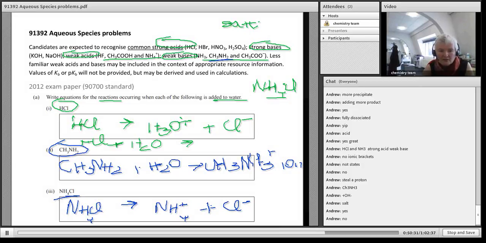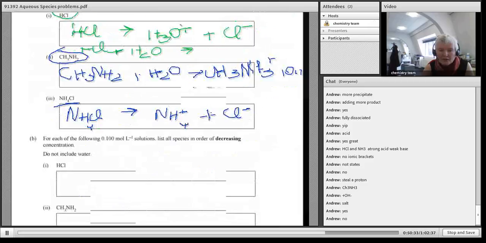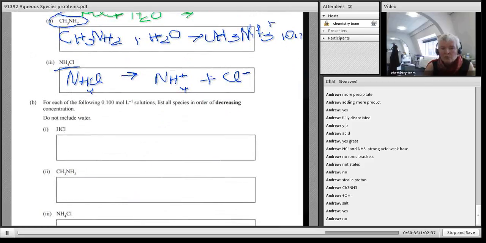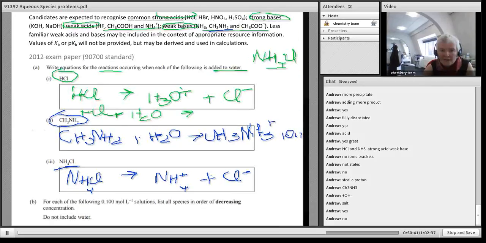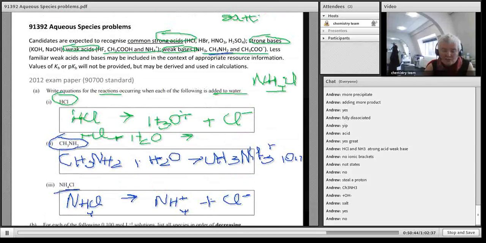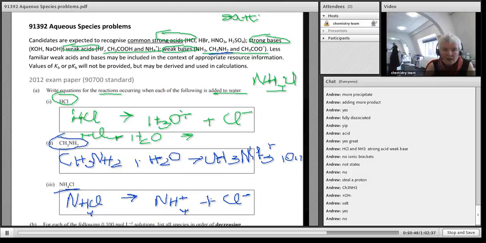I'm just going to flip over here. But what will happen is my ammonium ion, being a weak acid, sorry, I'm going to go down again. Do you remember up here we talked about that it's a weak acid, my ammonium ion?